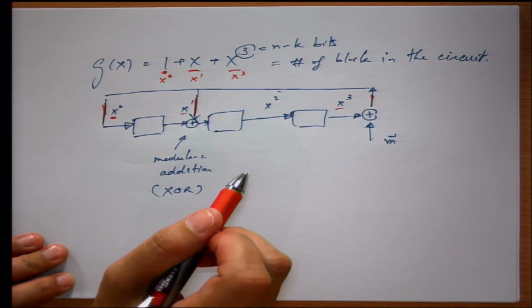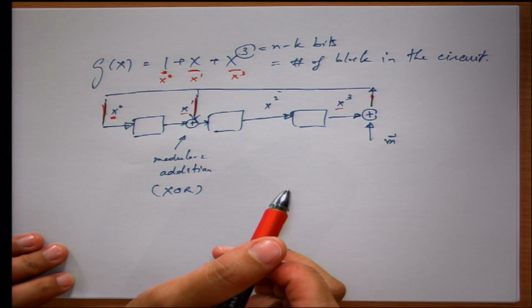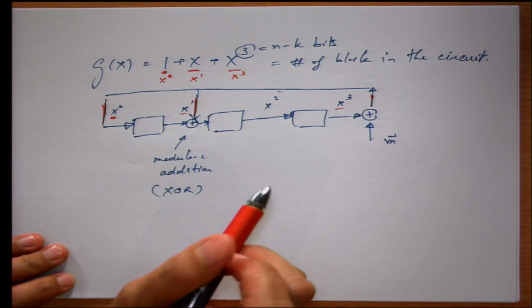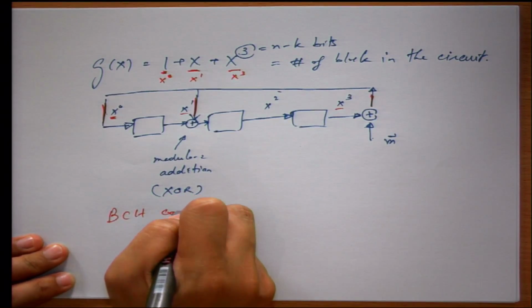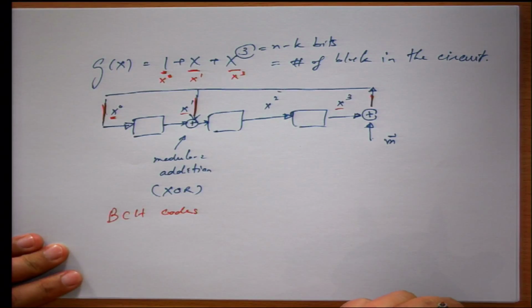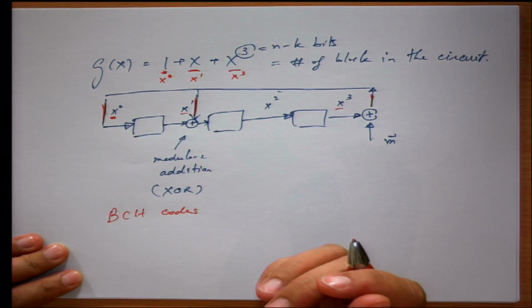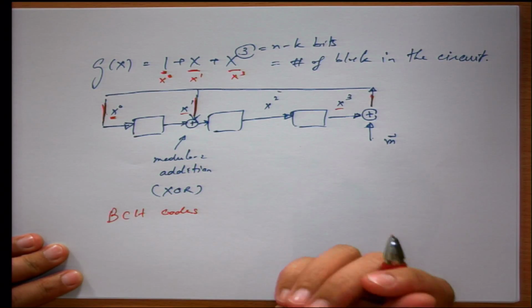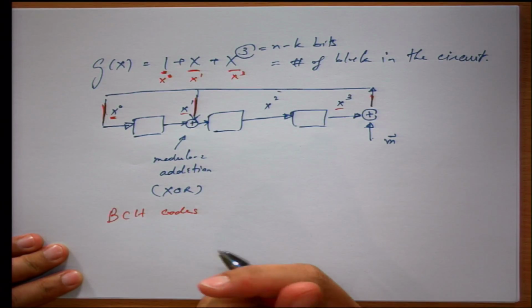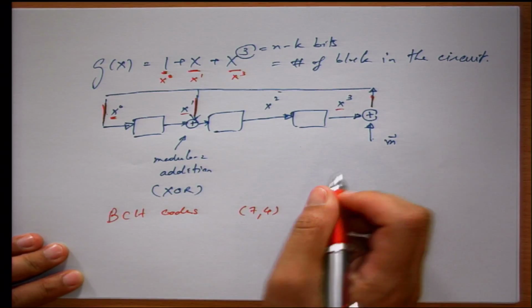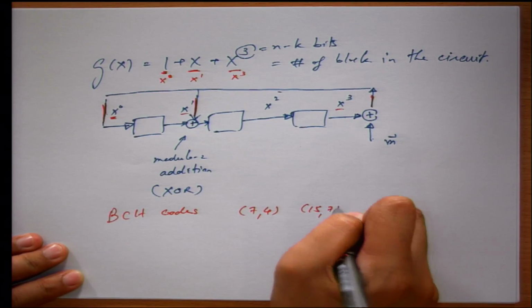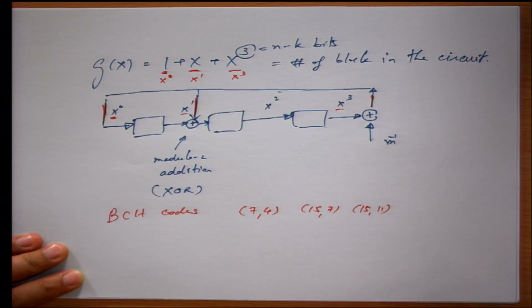For example, if you have a cyclic code such as a BCH code, you have to find the generator polynomial, and there is a specific method to find them, which is beyond the scope of this class. However, for the BCH code, you will have like the 7-4 code, 15-7, 15-11, for example.